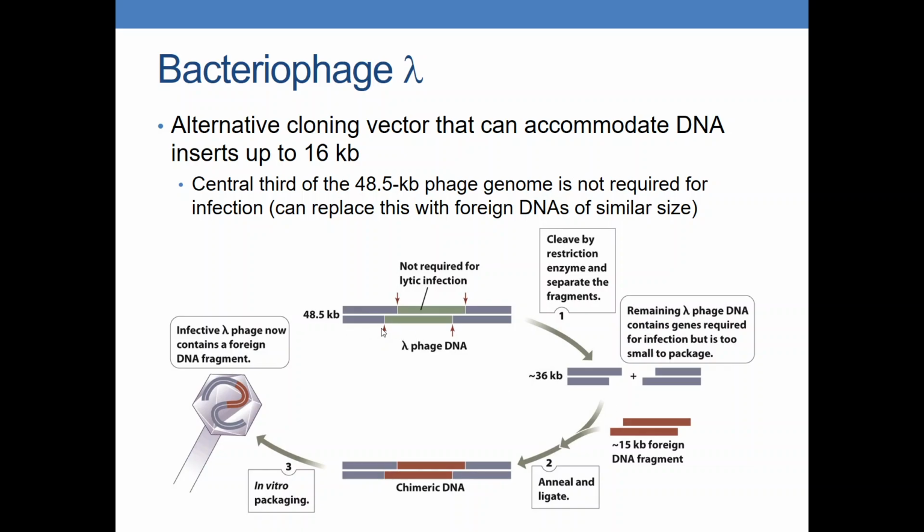So I need to be within 75 to 105% of the overall original length that I had. So phage vectors with foreign DNA inserts that are too small fail to propagate because they cannot form infectious phage particles. So you need to be roughly the same size of the original phage DNA.